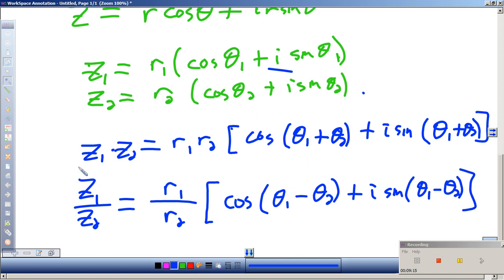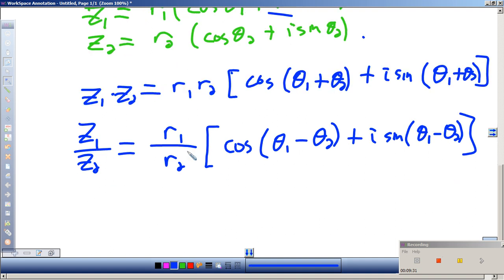Now, what restrictions might we need to put in here? r2 can't equal 0, and z2 can't equal 0. I'm not going to write them, however, you would want to keep in mind that if r2 equals 0 or z2 equals 0, we're dividing by 0 and have a problem.